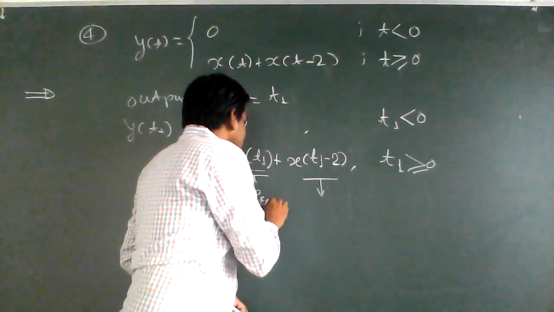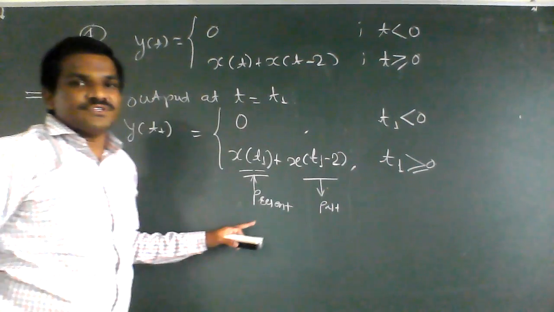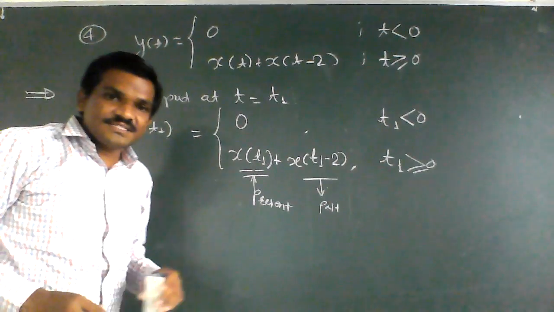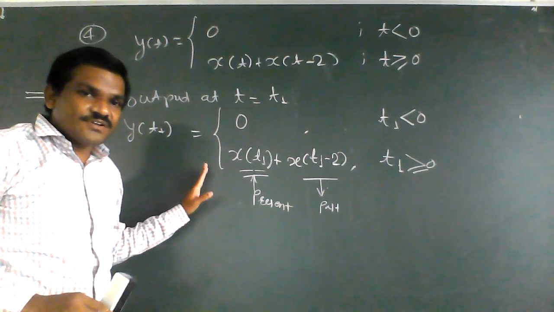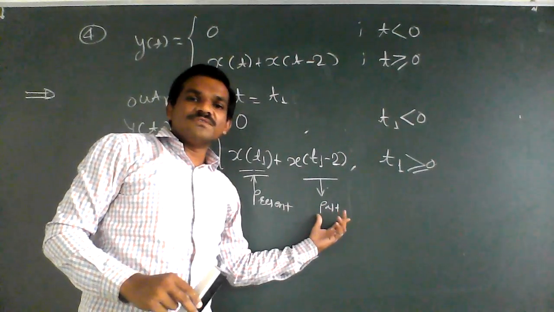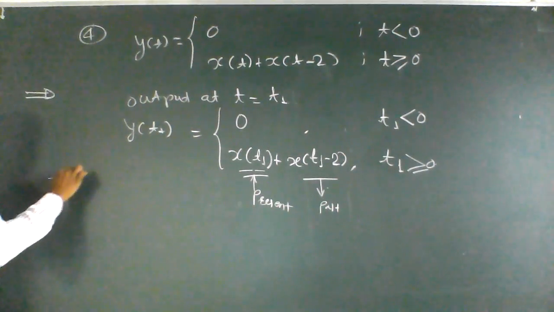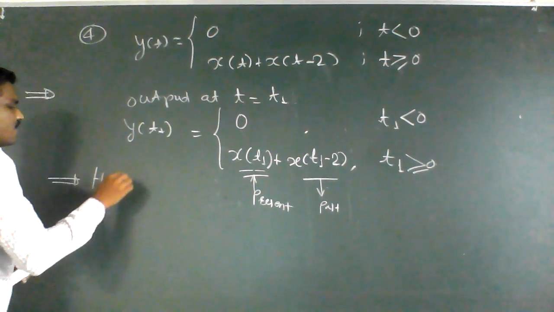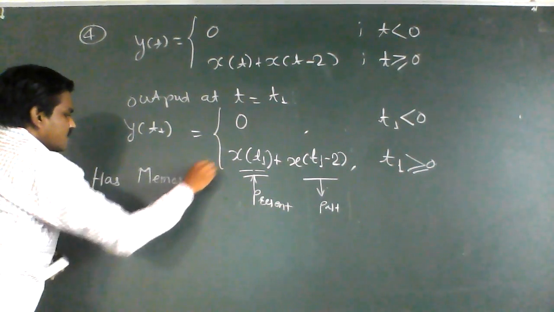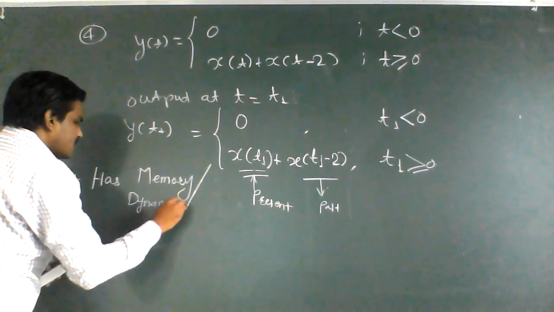So by the definition of a memoryless system, is the system memoryless or not? No, the system has memory because its output depends upon the past input values also. So we can say that the system is dynamic, or it has a memory.